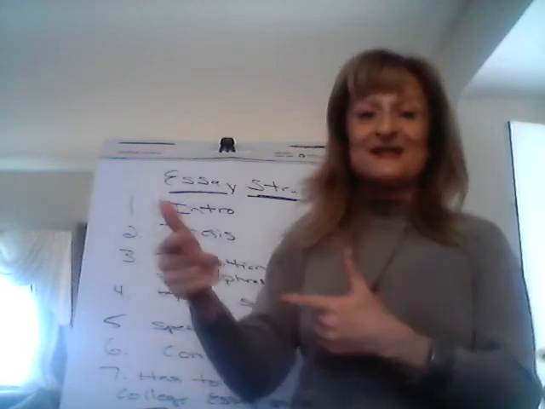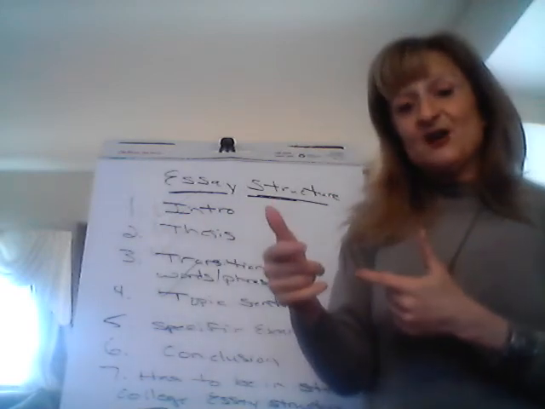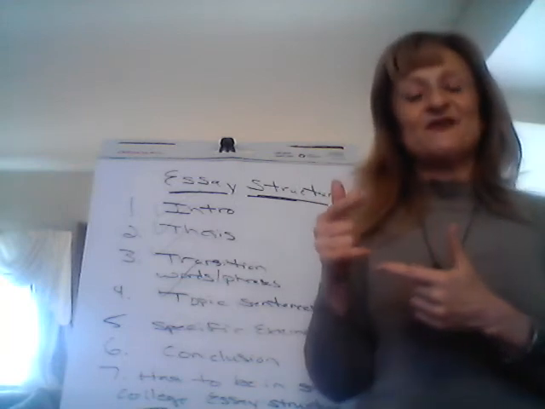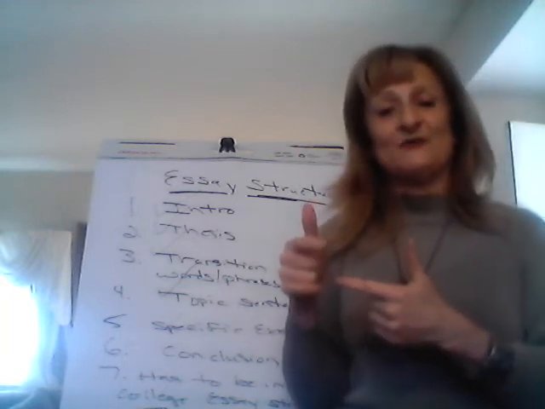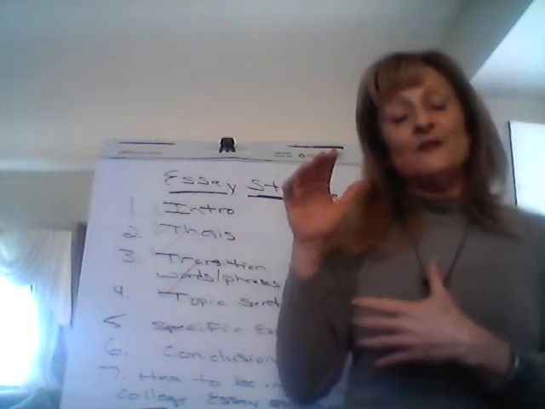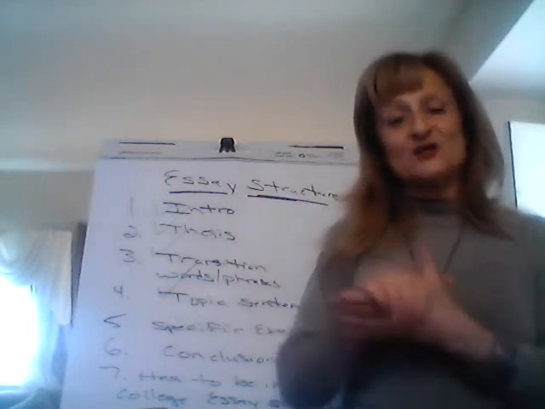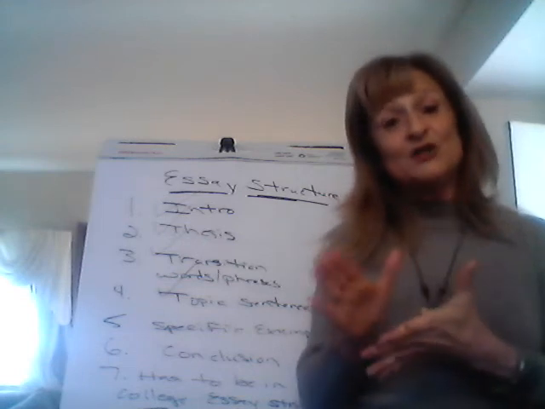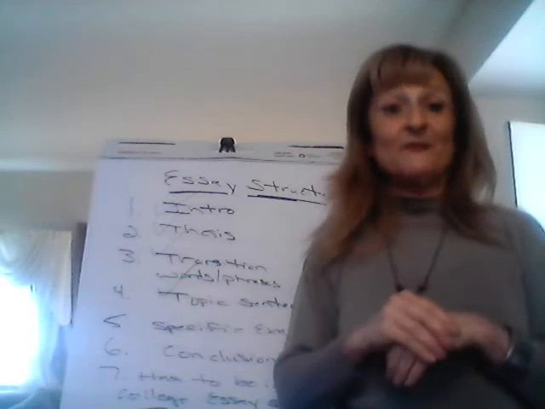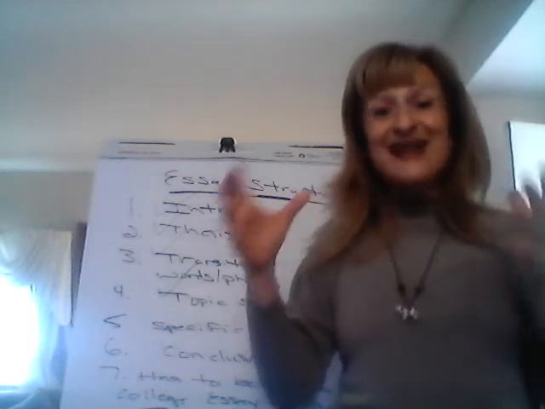So let's go back to my smile example. The thesis that I just made up was that my friend told me to smile more, and that helped me to have better relationships with others. Maybe my first paragraph is going to have a topic sentence that says something like, first, by following my friend's advice to smile more, I got along better with my family. Okay, that's a topic sentence.